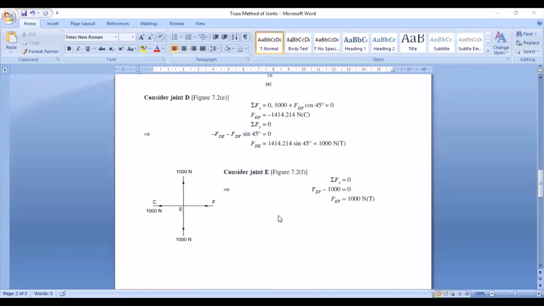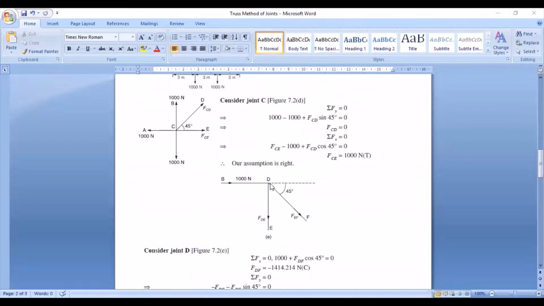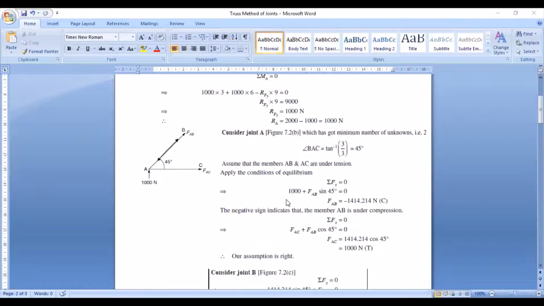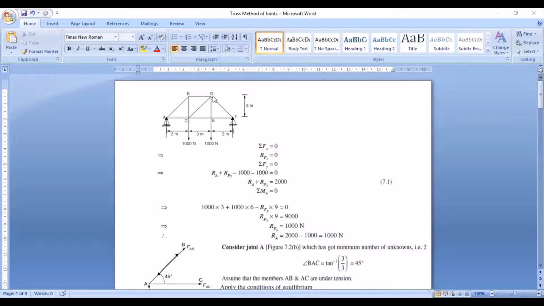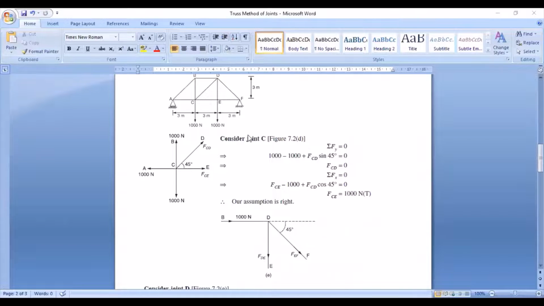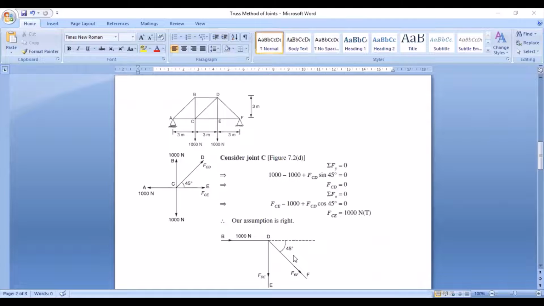Okay. Now next you will consider joint D. So when you consider joint D, you have DC, which is 0. Okay. You have DE, you have DB, you have DF. So you are going to draw the diagram here. So the diagram was here itself. So you have DB.